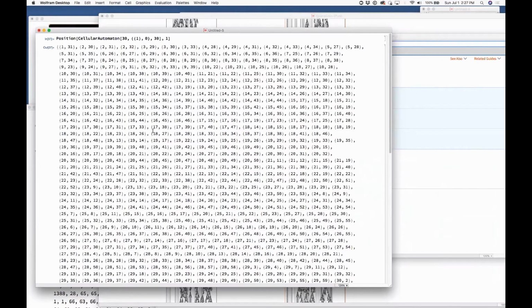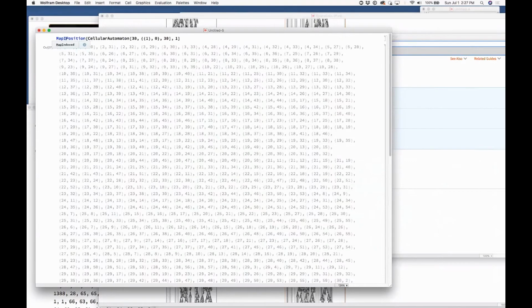I think what we want to do here is a Map.